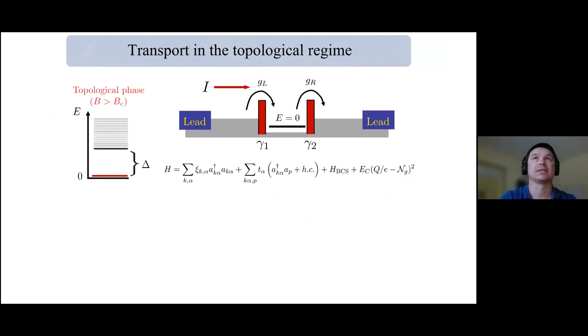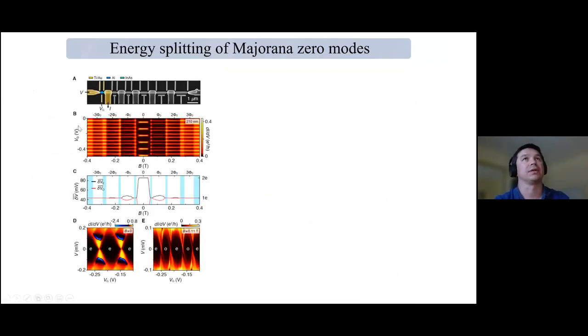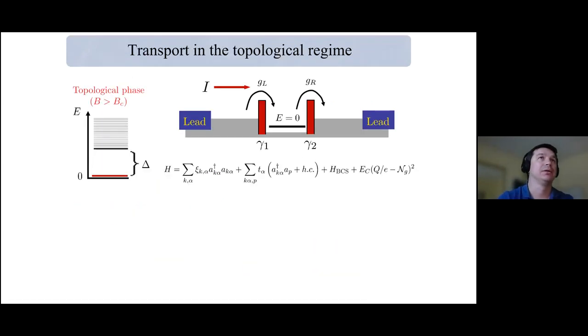I think I'm going to skip this part and just go straight to the experimental system. So the bottom line is that the scaling with the system length should be observed in Coulomb blockaded experiments.